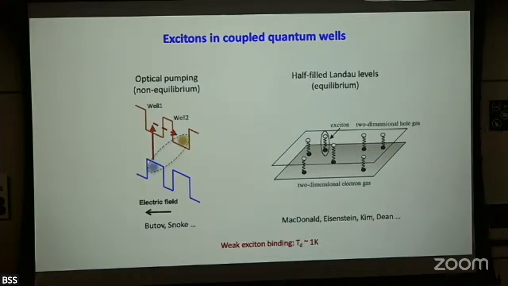So we are searching for a new platform that can give you, for example, a large degeneracy temperature, and also without a magnetic field. Okay.